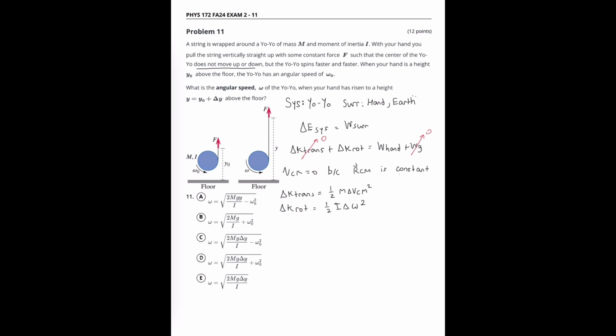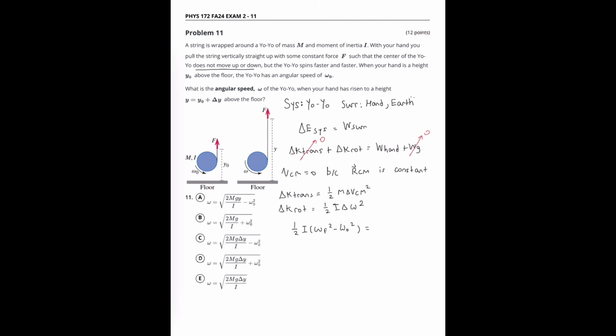So now that we have that, we can say 1/2 times I times omega final squared minus omega initial squared is equal to mg times delta y, where delta y is equal to y minus y naught.